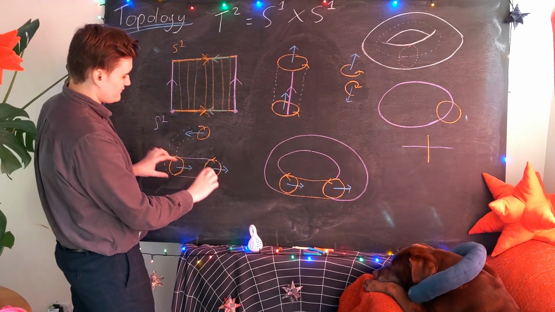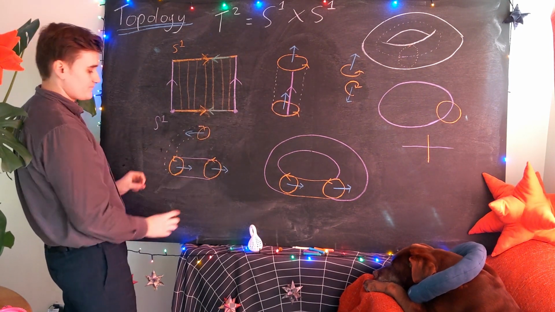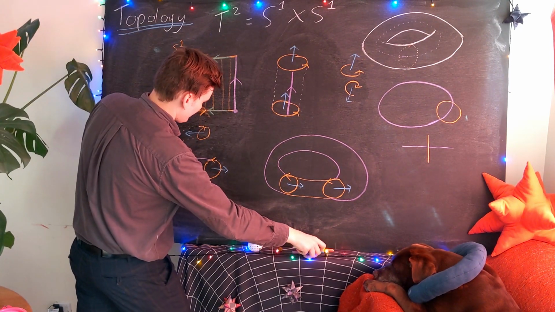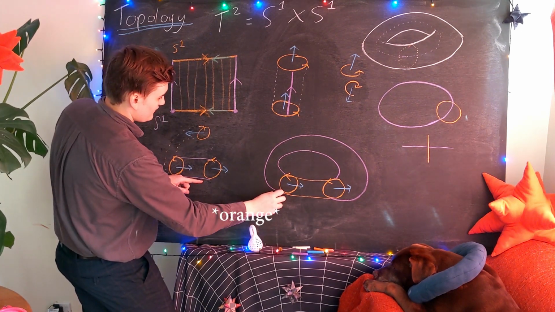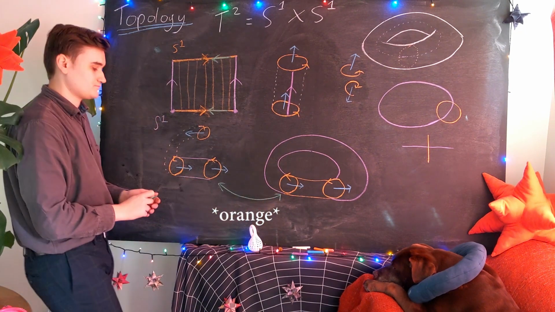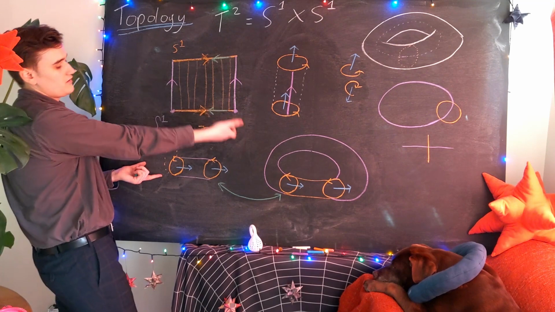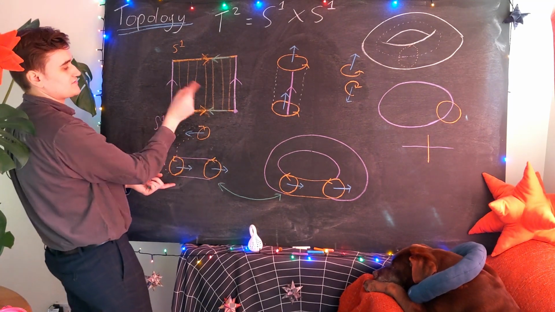We started with this cylinder, this picture I just redrew on its side. Now I'm saying that this green circle here is the same as that green circle. And now what we do is we pull this circle through a full 2 pi rotation.